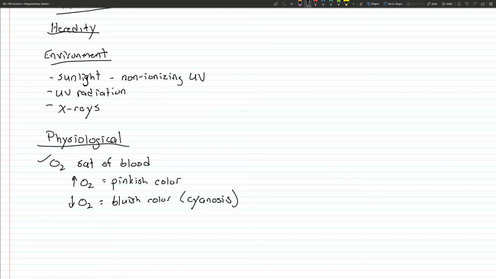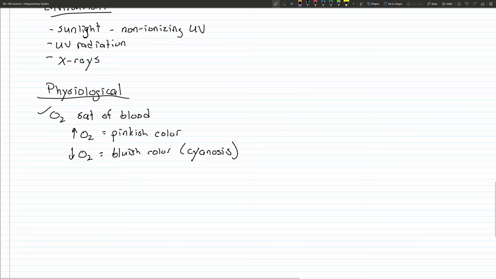Another thing is how tight your blood vessels constrict. If you have vasoconstriction, so that your blood vessels clench down, what that's going to do is simulate not having enough blood. So this is going to cause you to turn bluish.